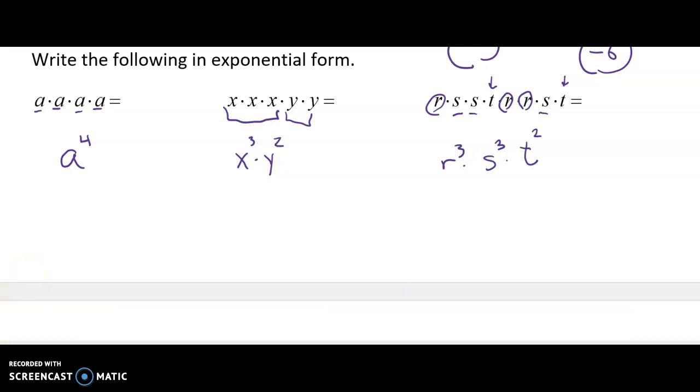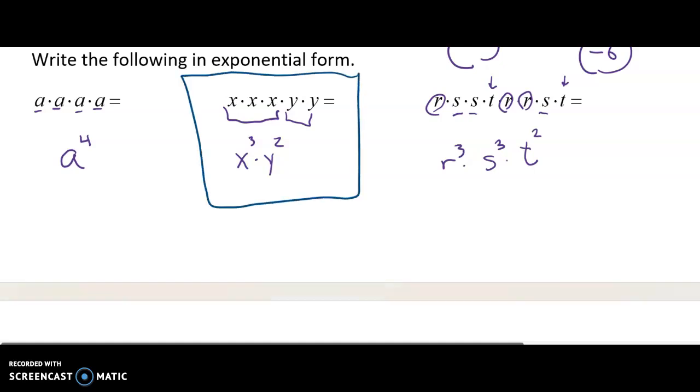I'd also like you to note, for an example like this one in the middle, this is like x to the 1, x to the 1, x to the 1, and y to the 1, y to the 1. So x to the 1, x to the 1, x to the 1, all together gives me x to the 3rd.